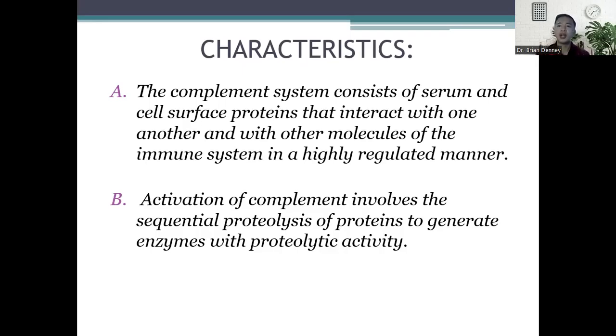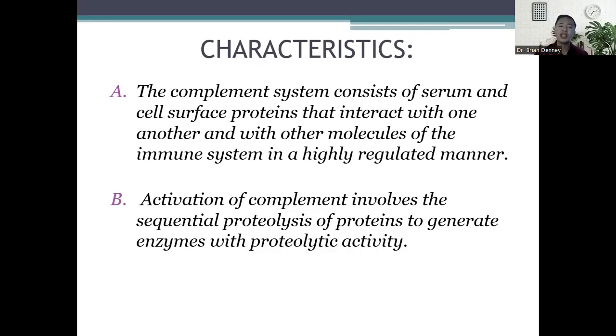In order, it's because one protein must be activated before the next protein must be activated, and then another protein would be activated next. So it follows a sequential manner. And what is that sequence? I will tell you later. So for now, I want you to remember that these proteins are activated in a sequential manner.